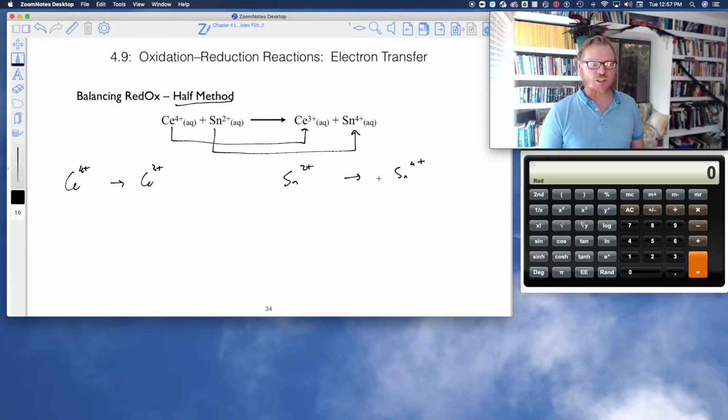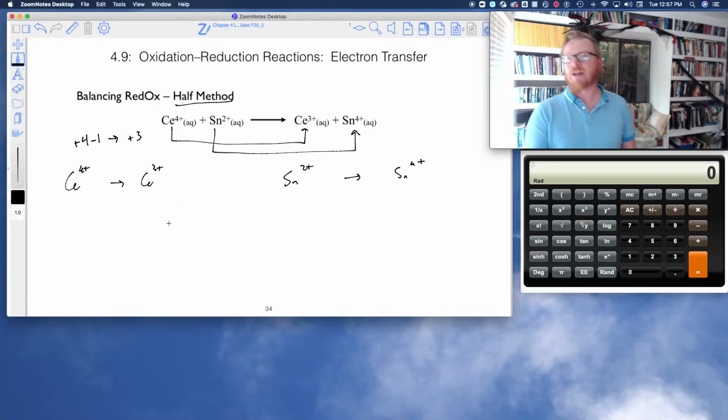The next thing I need to do is balance the charges. And I balance the charges with electrons. So I've got plus 4 on this side and plus 3 on this side. And I can balance these numbers by saying plus 4 minus 1 makes plus 3.